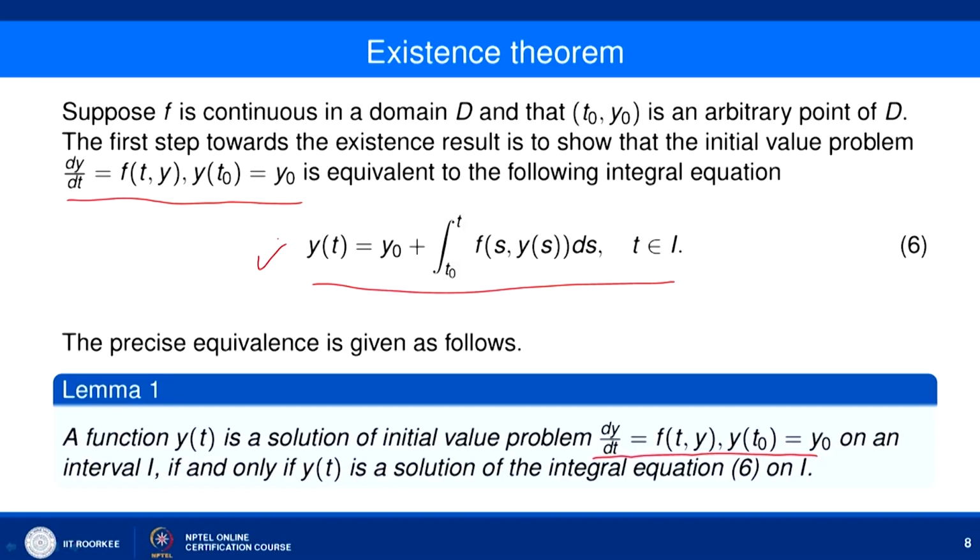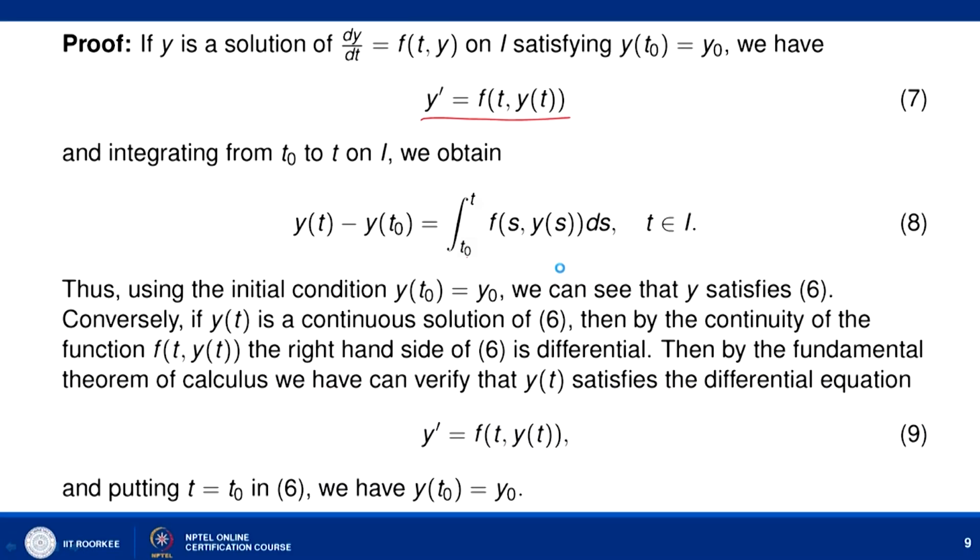First we need to show the equivalence, and then we proceed with the existence theorem by finding the solution of this integral equation. So, let us prove the equivalence of the differential equation and the integral equation. If y is a solution of dy/dt = f(t, y) on I satisfying y(t0) = y0, we have y' = f(t, y(t)). Here y' denotes dy/dt, and we integrate from t0 to t.